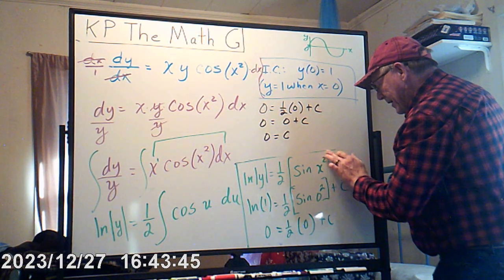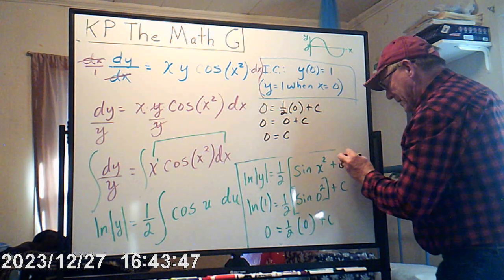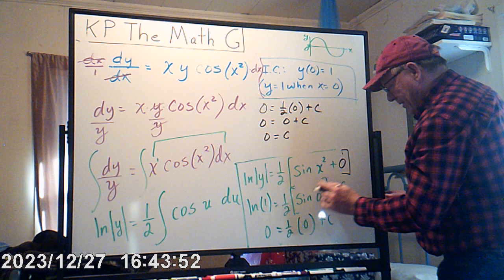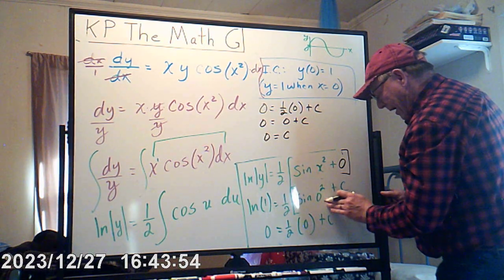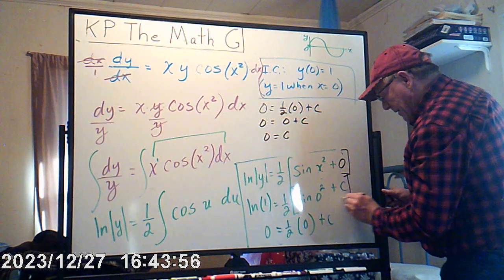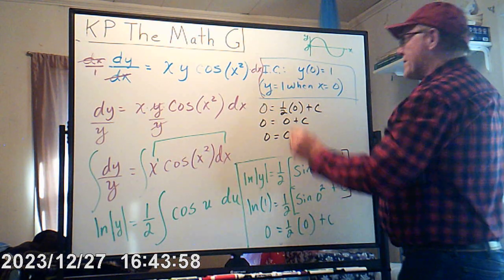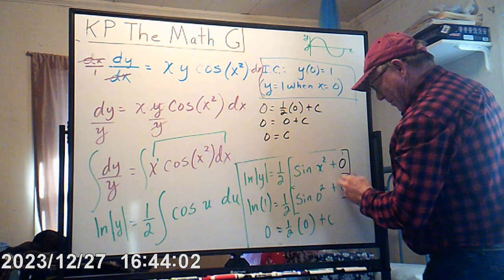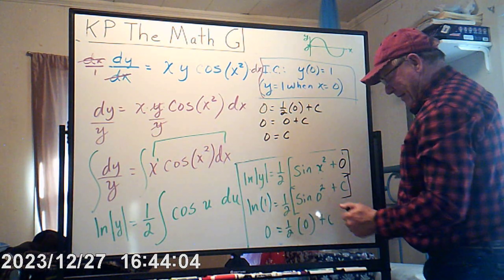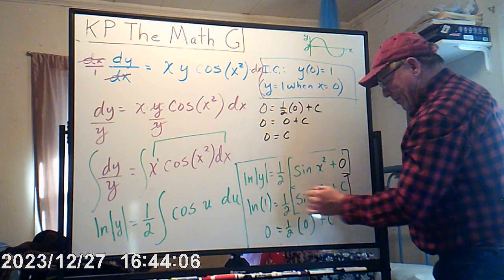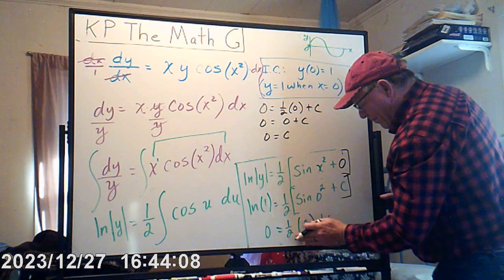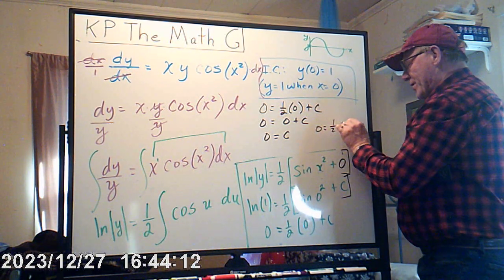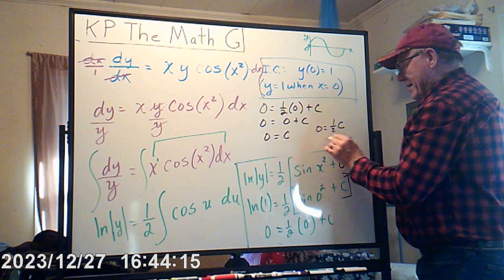It wouldn't have mattered. Had we left this in here like this, we still would have gotten 0 anyway, because if we had distributed the 1/2, 1/2 sine 0 is 0, 1/2 c is 0. We would have had 1/2 c, so 0 is equal to 1/2 c, but still c is equal to 0.